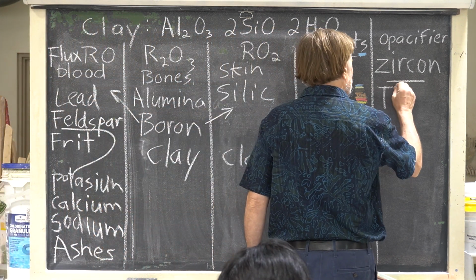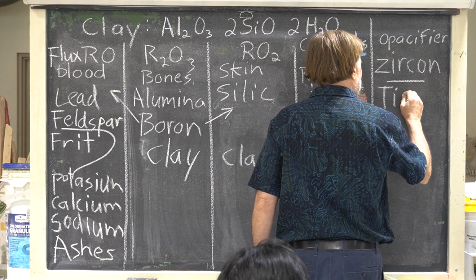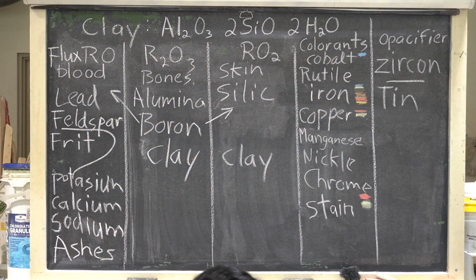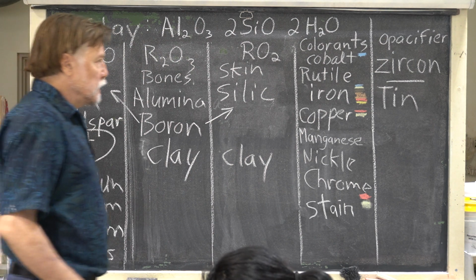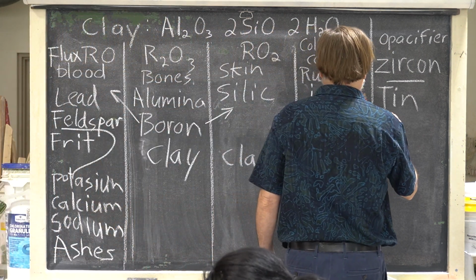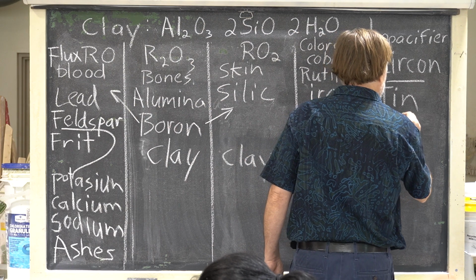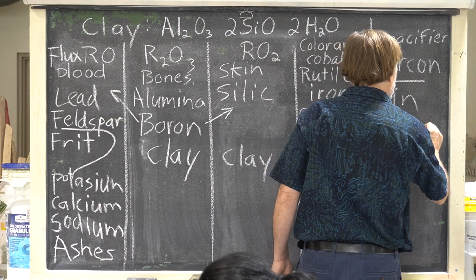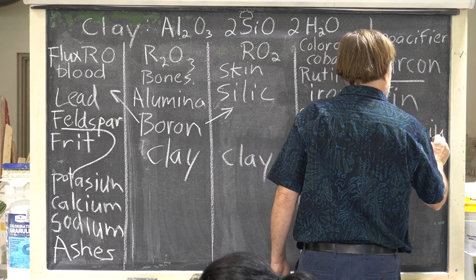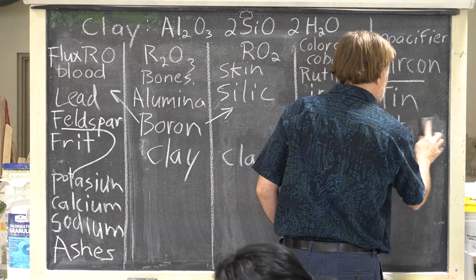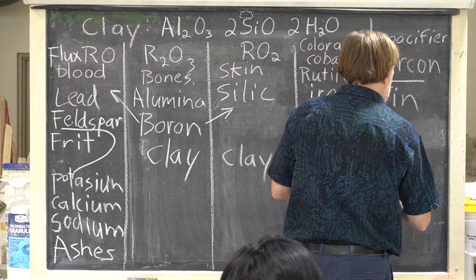Tin is used as an opacifier. Another one would be titanium. And titanium, I already talked about it with rutile. It's called titanium dioxide. There's a lot of other things that we could talk about too.